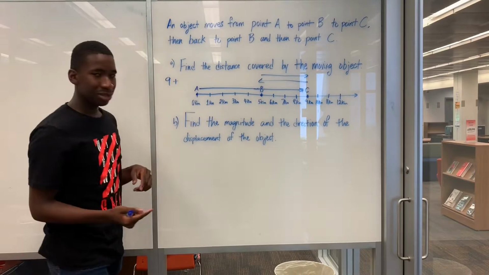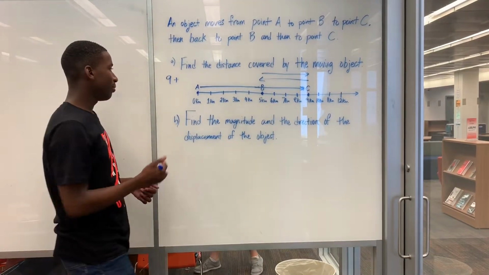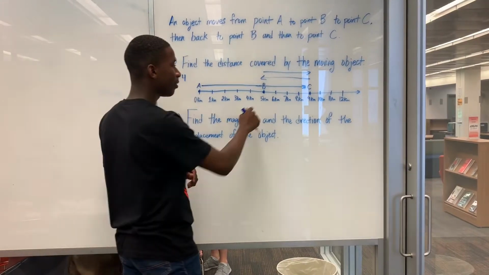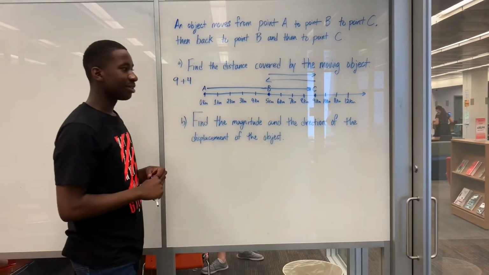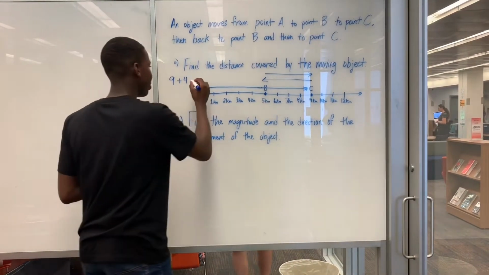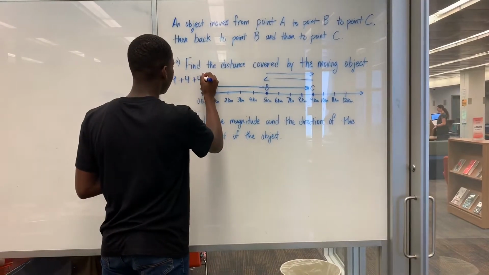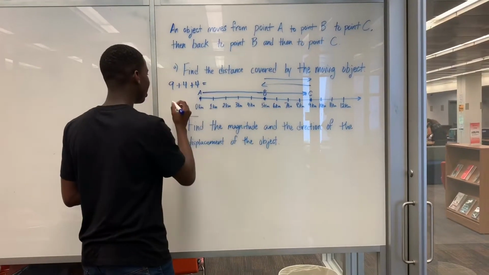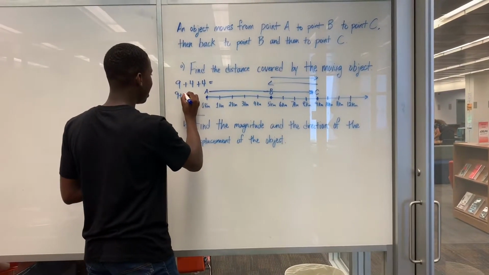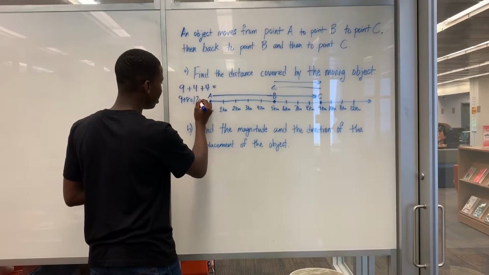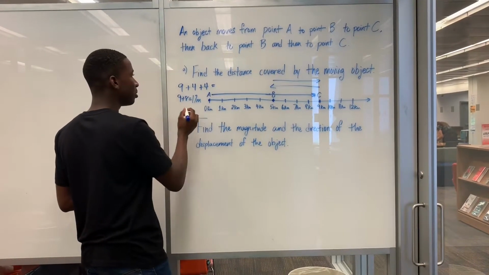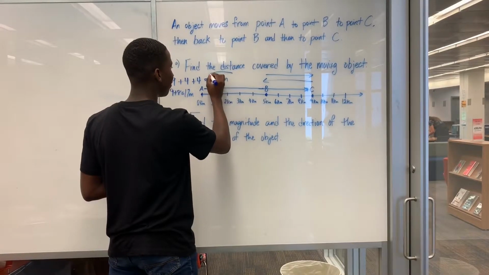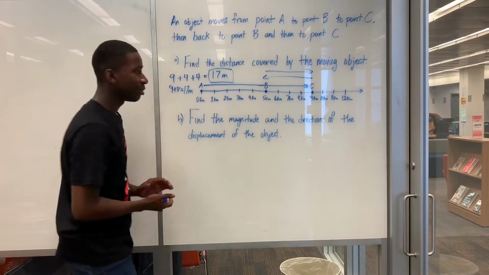Let's do the subtraction. 9 minus 5, 4. Let's add 4. And then from 5 to 9 again. That's 4 kilometers. So now we have to add this to get the distance. So 9 plus 8 is equal to 17 meters. So the distance this object travels is 17 meters.